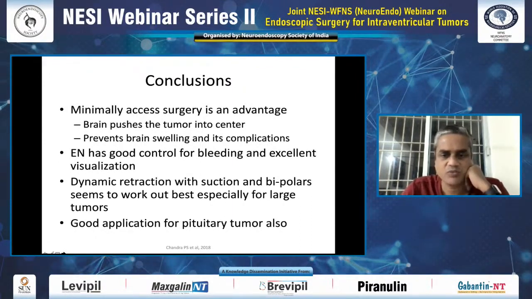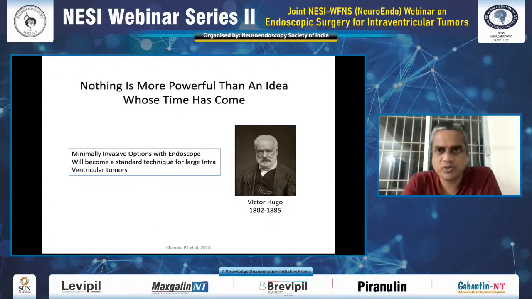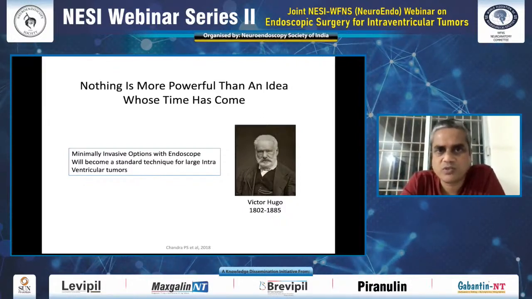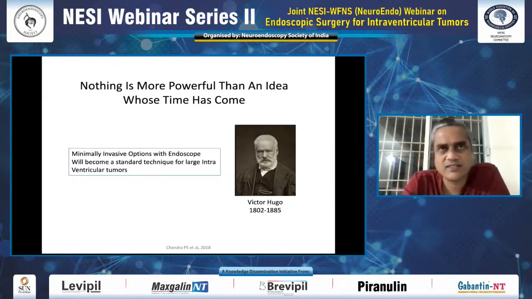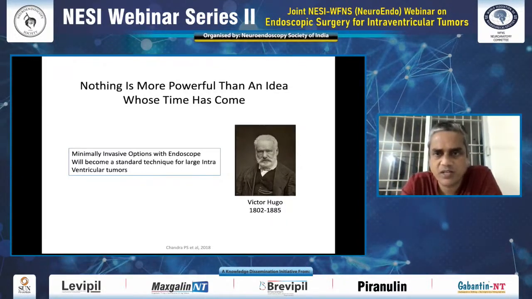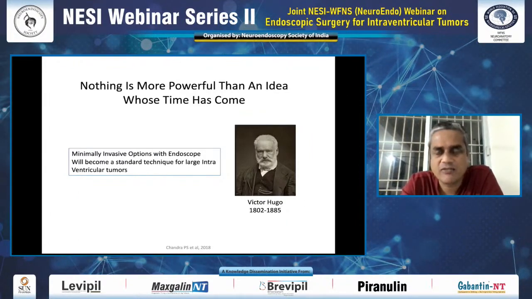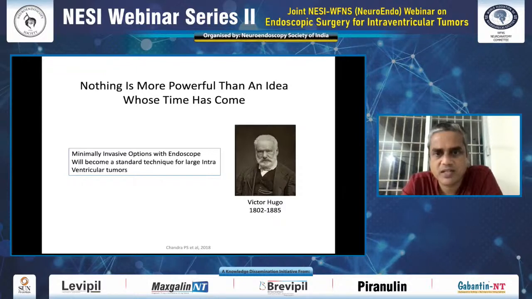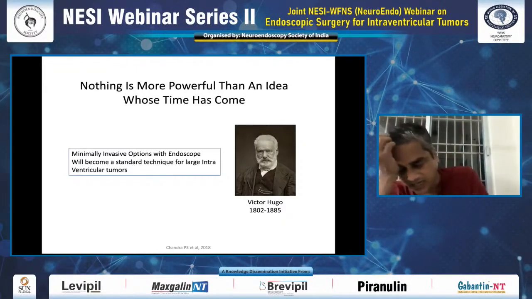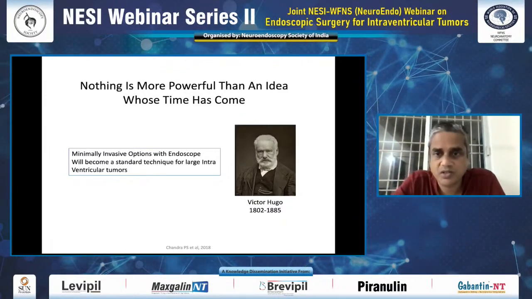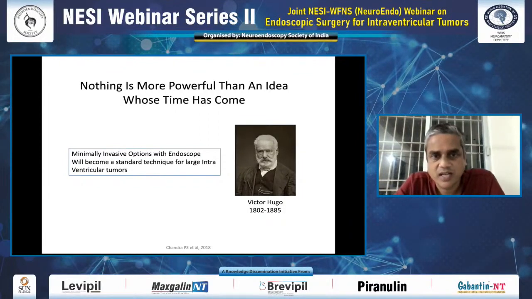And the same thing I've been using for pituitary also. So I think that the use of the endoscope for more than endoscopic third ventriculostomy is a powerful idea. It depends on the extent to which the surgeon can use it to his or her advantage. Professor Yadav has used it very nicely with a very highly affordable expandable retractor, and other people have used the syringe technique, cutting it up to the length of the tumor.